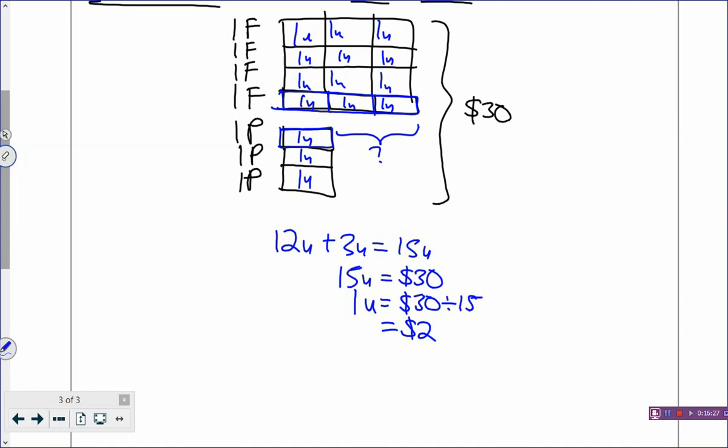Isn't that 1 file costs 3 units, 1 pen costs 1 unit, and the difference is 2 units? So 1 file costs 2 units more, and that is $2 times 2, and your answer is $4. So the difference is $4, and you have solved the problem.